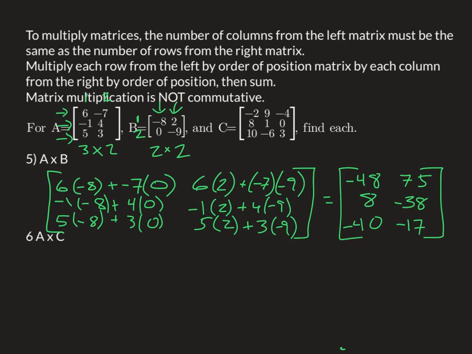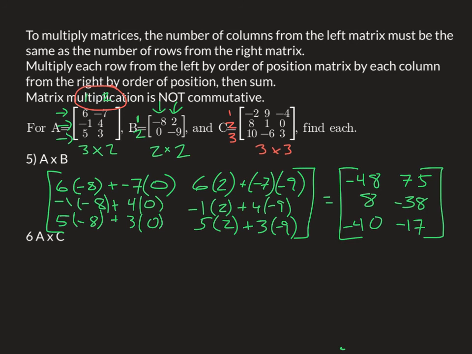Let's look at one more. We want to do A times C now. Well, A is a 3 by 2 matrix. C is a 3 by 3 matrix. Now notice that the number of columns from the first and the number of rows from the second do not match.